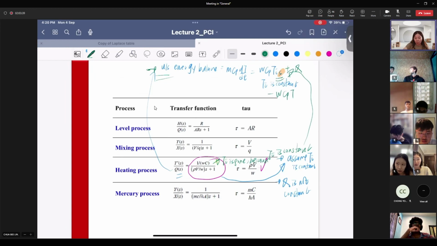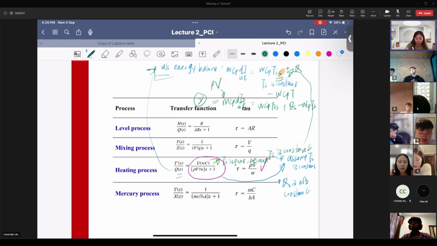You'll be having omega Cp TiS minus QS, plus QS minus omega Cp TS equivalent to m Cp dTs over dt, equation 2. And expand the m equals rho volume. Then you will be able to derive the equation of output over the input as this equation.